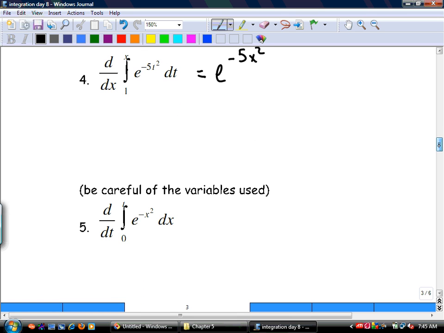Okay, be careful for this one. This is a T, and it's dt. So we're switching from x's to t's now.